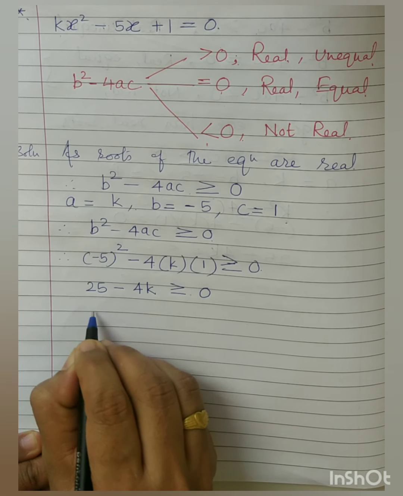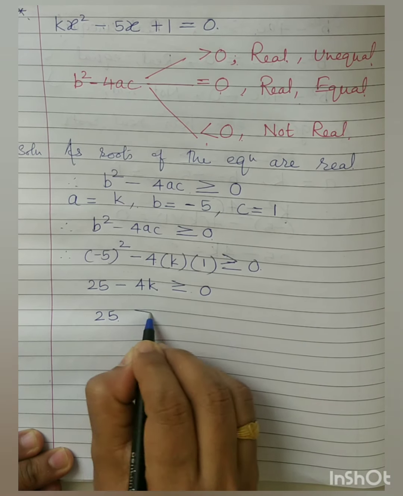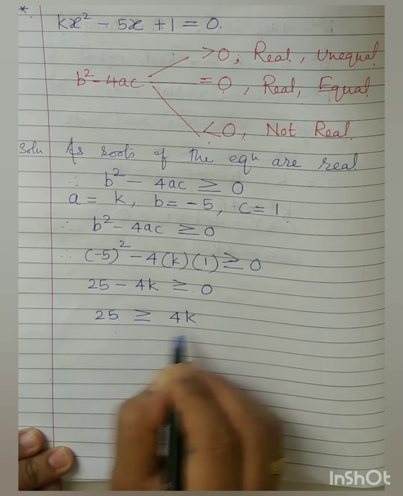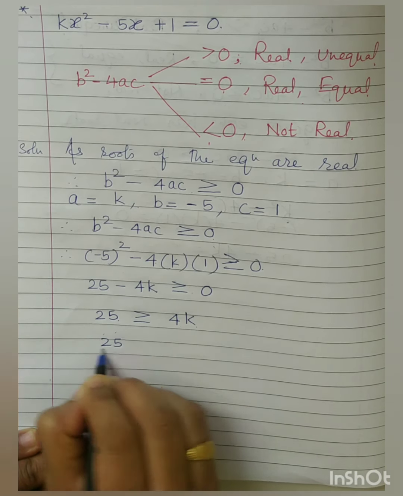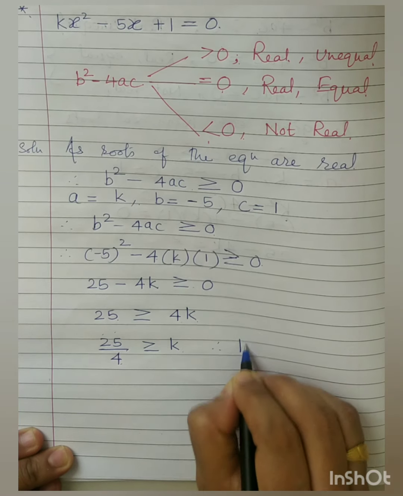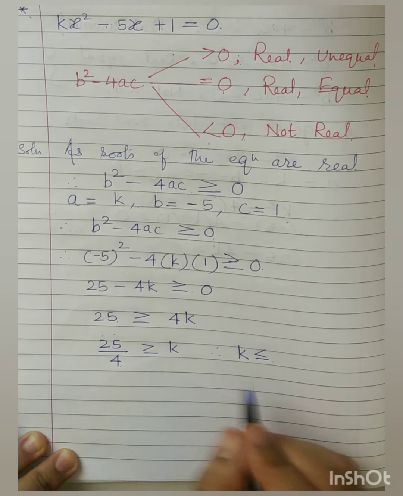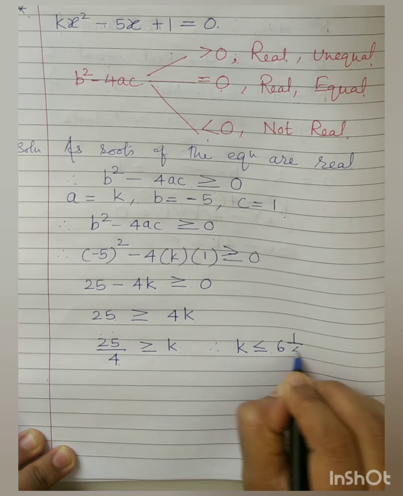Keep 25 as it is, transpose 4k to that side, so it becomes positive 4k. Then shift 4 to this side: 25 upon 4 is greater than or equal to k. Therefore k is smaller than or equal to 25 upon 4, which can be simplified further. That will come as 6 integer 1 upon 4.